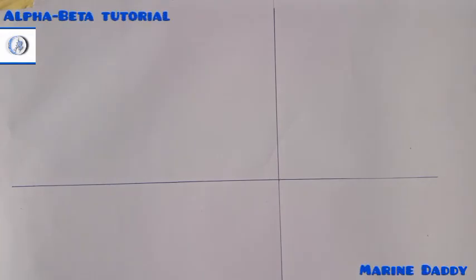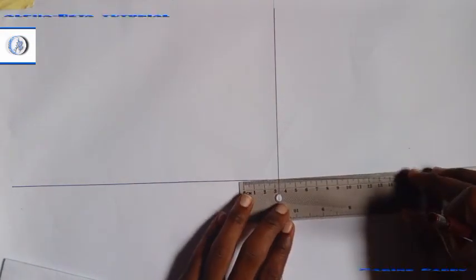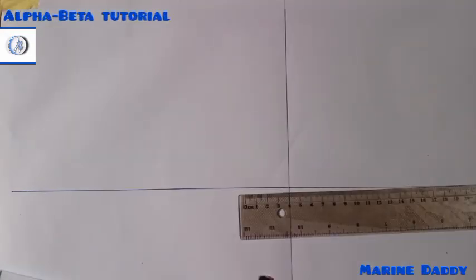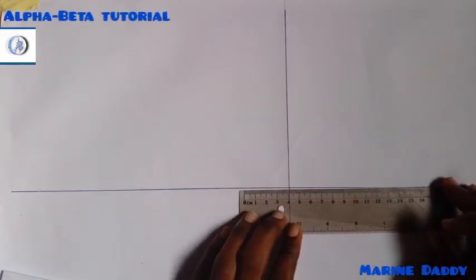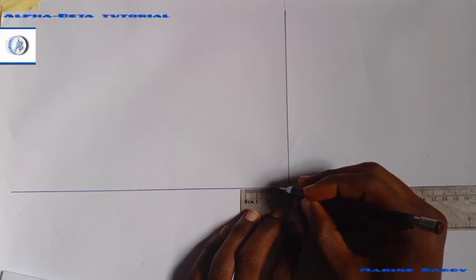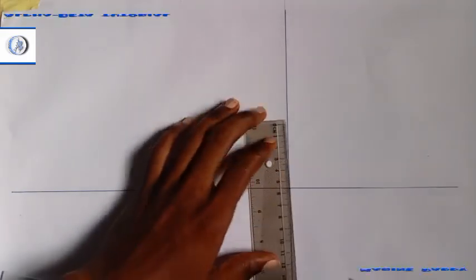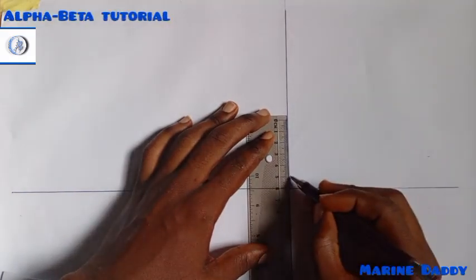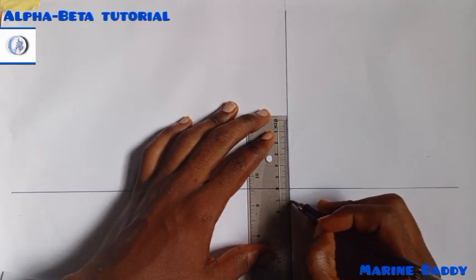Now the next thing I need to do is start the construction. I will need a fence line to my right and to my left. So we'll measure 10 to the right, 10 to the left, like I said. So 10, 10, same thing here, 10, 10.